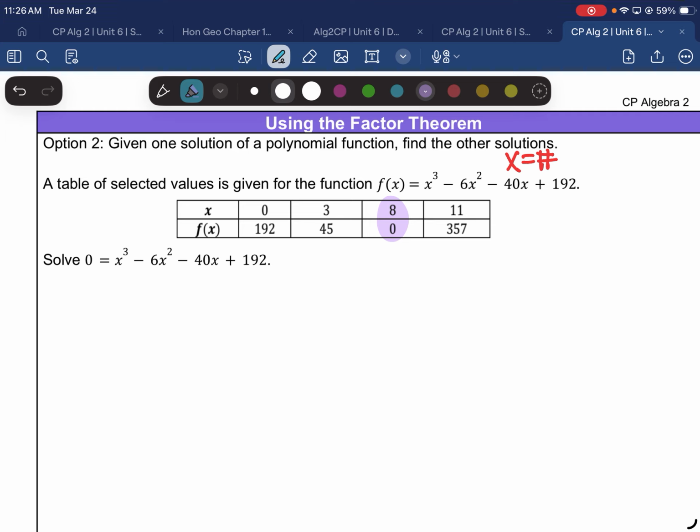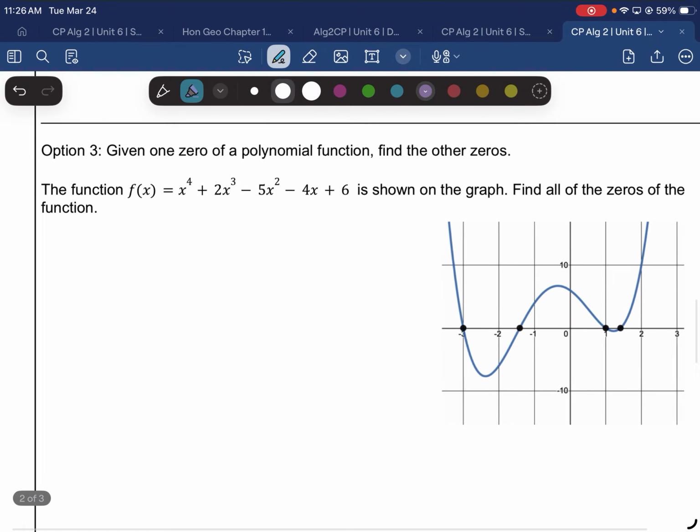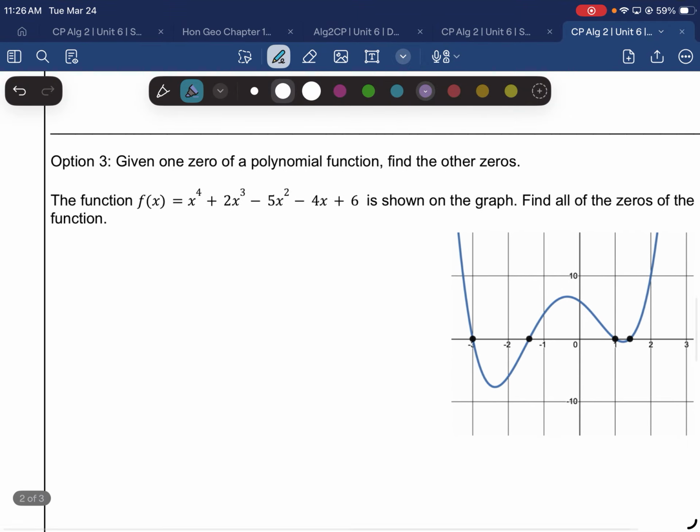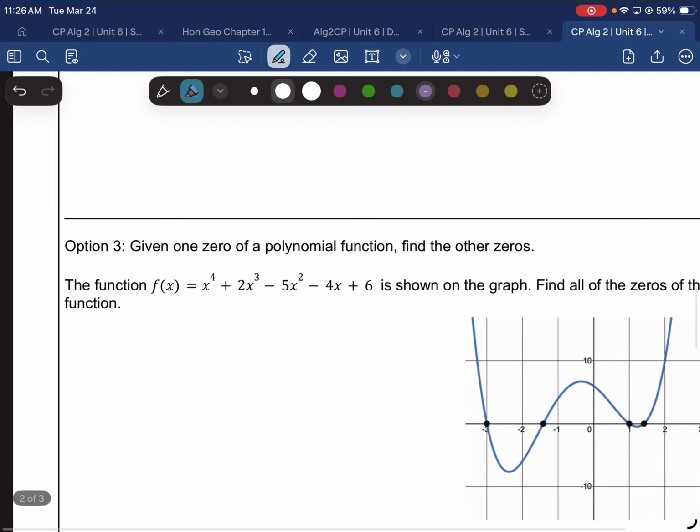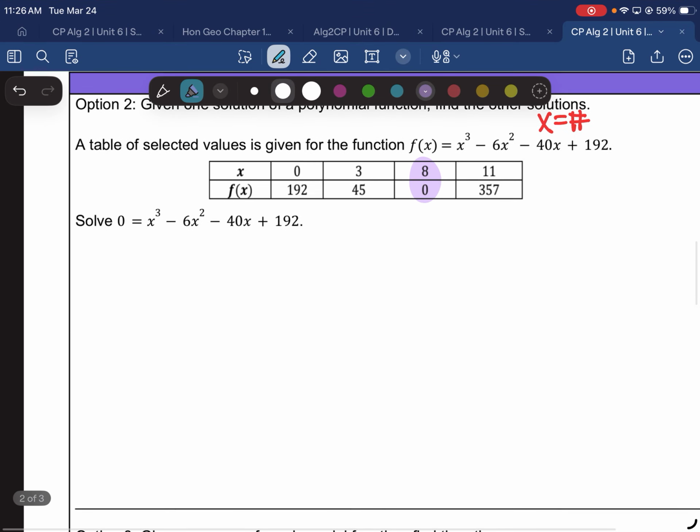Good job. Now, looking at this equation, you knew what the y-intercept was, right? Because this is in standard form, and you want to look at the constant in standard form. Now, this is in a table. The next example is where I give you the graph, but guess what? You can look at the graph and find your x-intercepts too. Are you with me? So we'll do that one in a second.